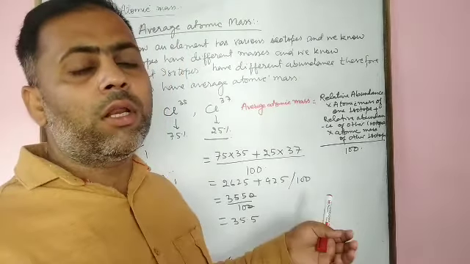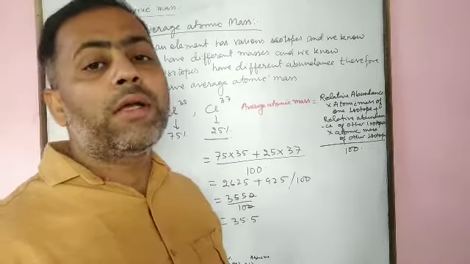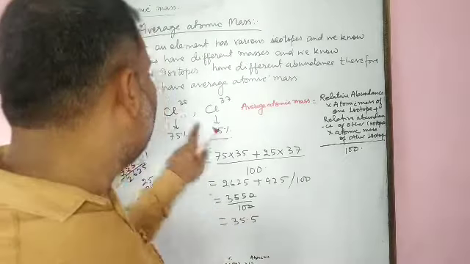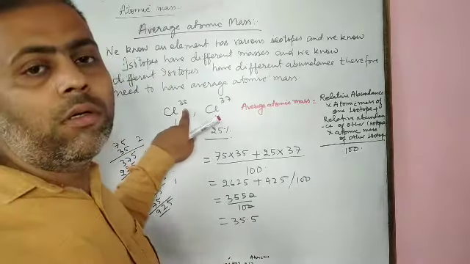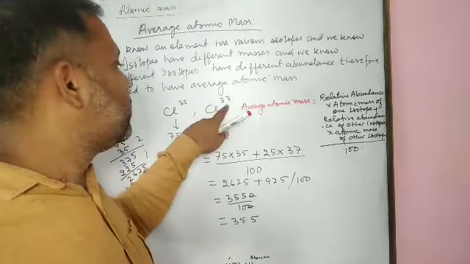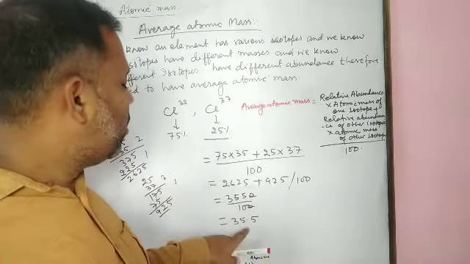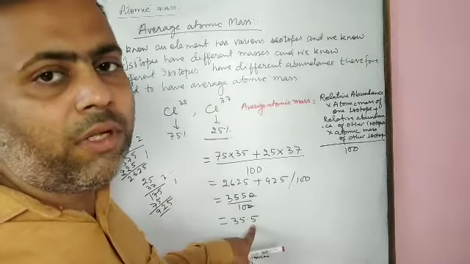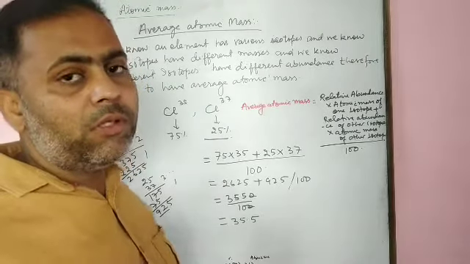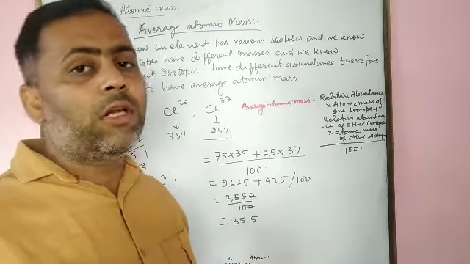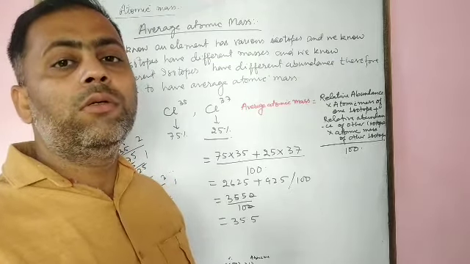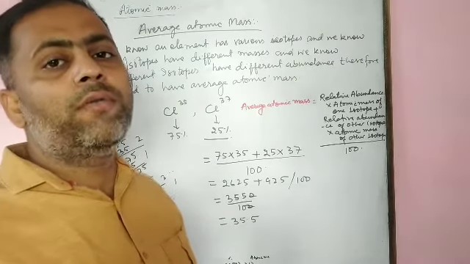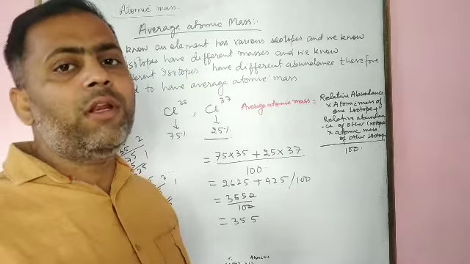This is also the reason of having fractional atomic masses. You see here, it has no fractional atomic mass, but on calculating the average, we have fractional atomic mass. It means the reason of fractional atomic mass is the calculation of the average of various isotopes of an element.